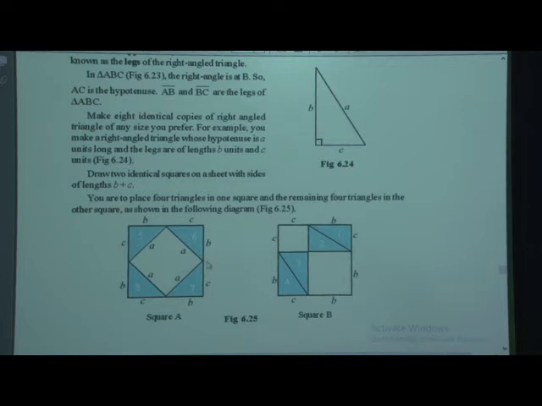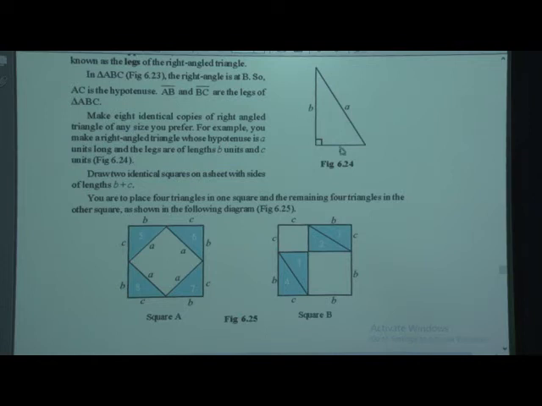Now we have to prepare two squares whose sides are b plus c. The same size you have to prepare for two squares. So b plus c is the total side.